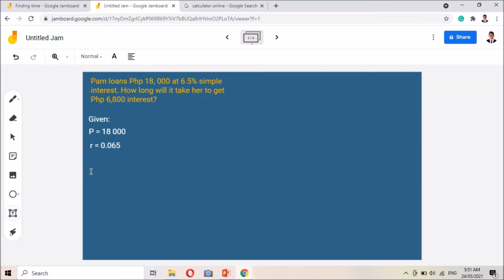We are given the principal, which equals 18,000. Then we are given the rate, 6.5% or 0.065. We are given the I, or the interest, equals 6,800 pesos. So what is asked is simply time.